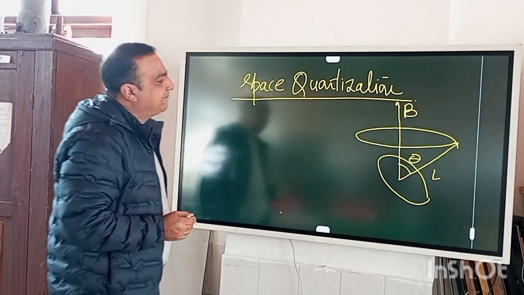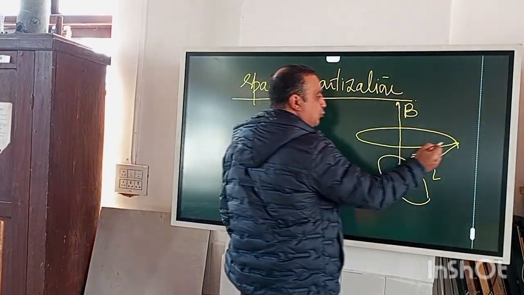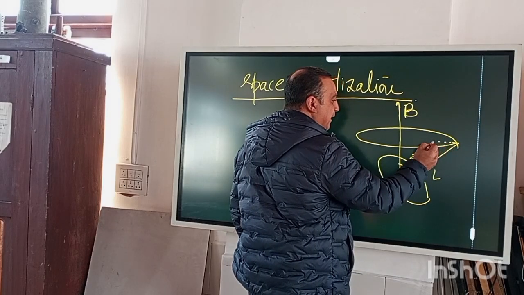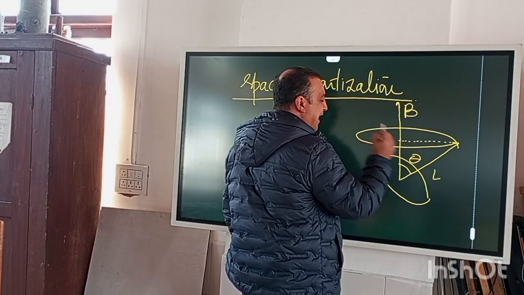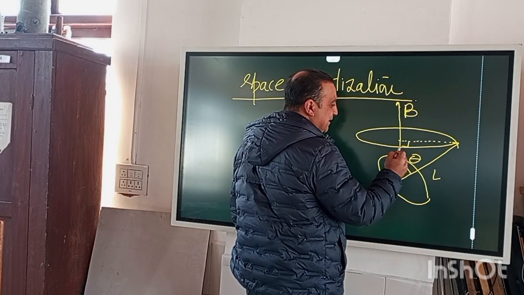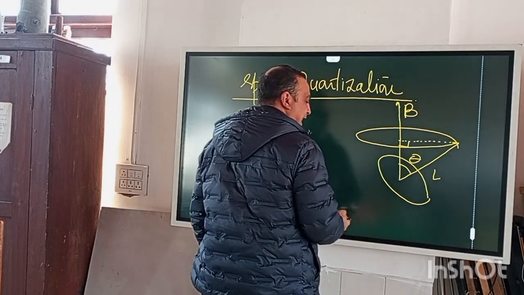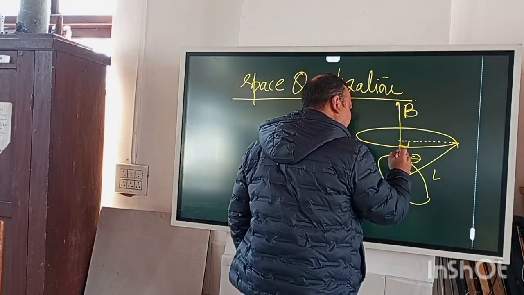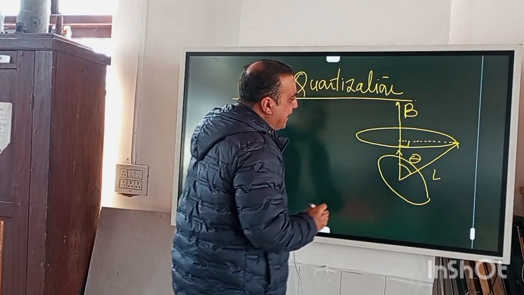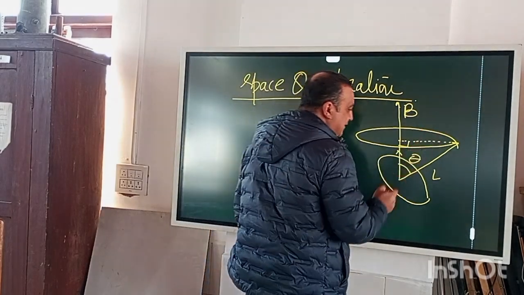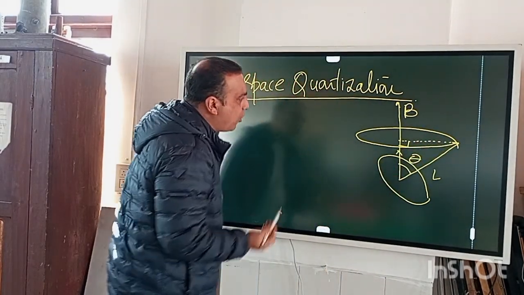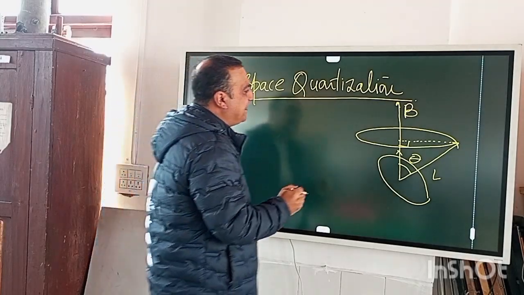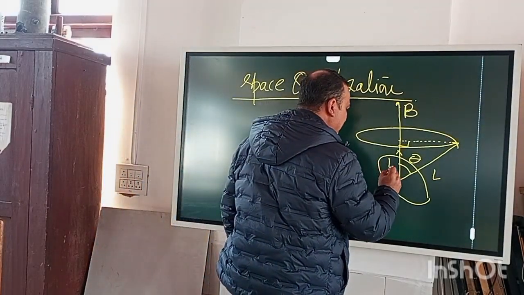If I draw a perpendicular from here on the magnetic field line, and this is L, it will have a component along the magnetic field, and let us assume that the component of this angular momentum along the applied magnetic field is Lz.